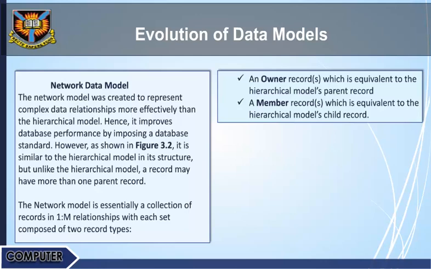The network model is essentially a collection of records in 1:M relationships with each set composed of two record types. An owner record, which is equivalent to the hierarchical model's parent record. A member record, which is equivalent to the hierarchical model's child record.